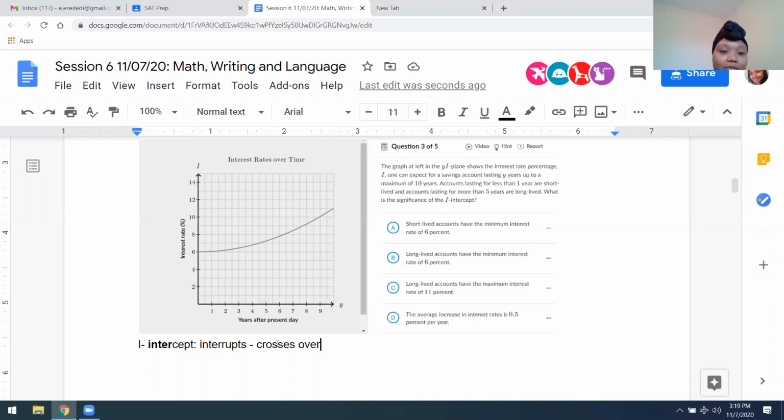But with intercepts, the other axis equals 0. So if you have an I-intercept for this graph, that means the y-axis, or the y point, equals 0.